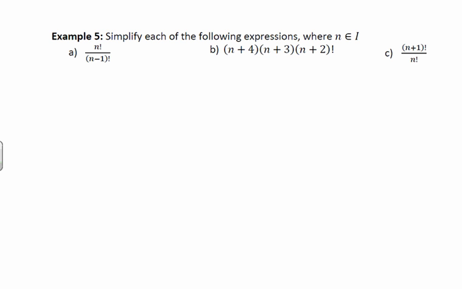Okay, so if we have n factorial, we can rewrite that. So in regular factorial notation, we start with the original number, we multiply it by 1 less, and then we multiply it by 2 less, multiply it by 3 less, all the way to 1, right?